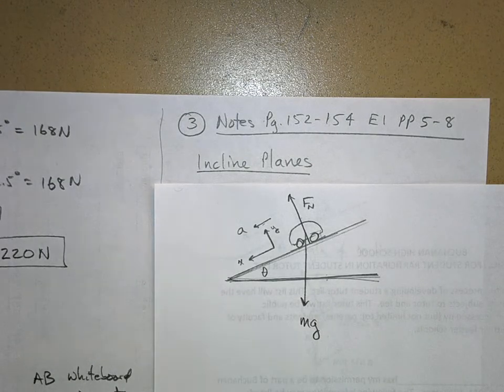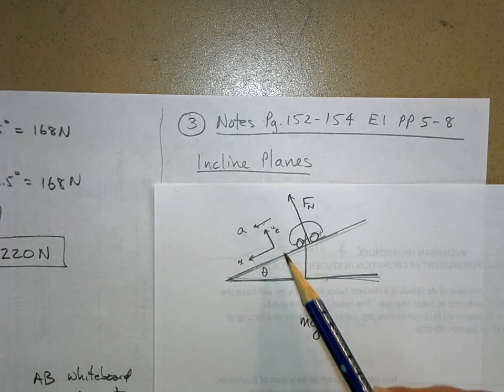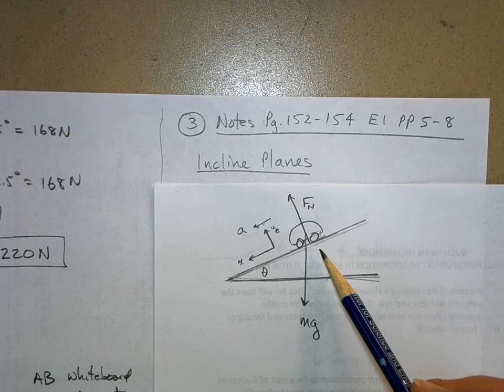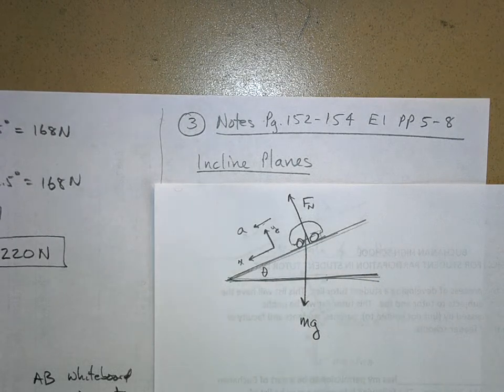Now, once you've selected your x and y axes, and I've tilted them to match the inclined plane, I have to break up all the forces into their x and y components. Pay attention right now. If you phased out, phase back in. Because if you can get this, it's going to be a lot easier.